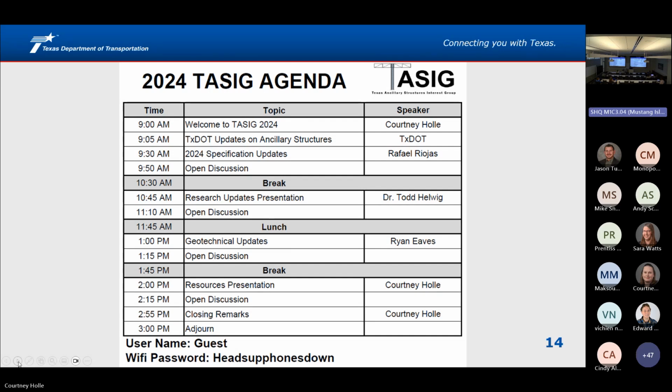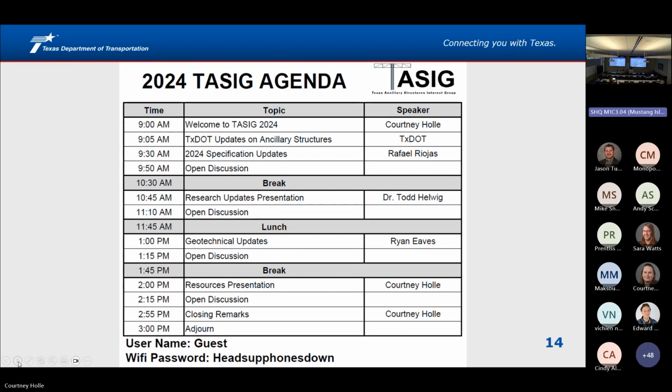We're starting with the welcome, and then we're going to move on to general updates for TxDOT, and then 2024 specification updates. And then after the presentations, there's always an open discussion so that we can discuss it, get more into the details if people have questions, discussion items, or feedback. We also have a presentation about the different research going on right now.